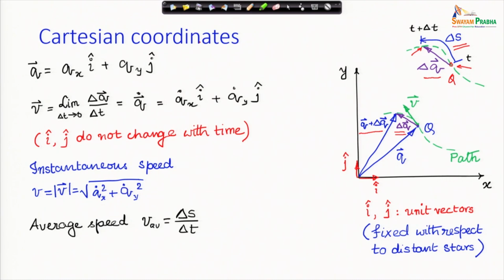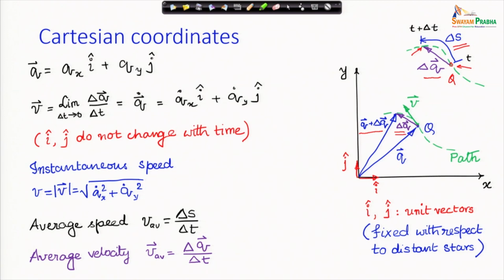Now, this can be a finite distance along the path divided by delta t. Here there is no limit as delta t goes to 0. So, this is a finite distance travelled divided by a finite time elapsed, and that is the average speed, whereas the average velocity, please remember that velocity is a vector quantity.